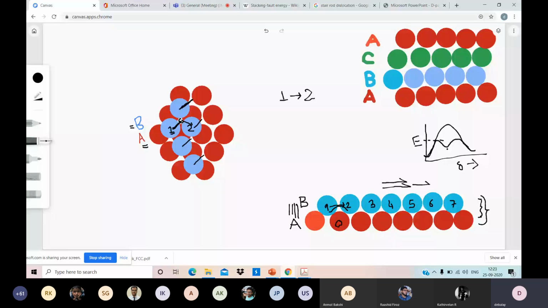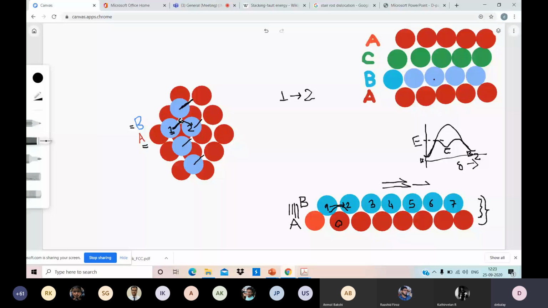This is your B1 group to C group, coming back to B2 group. But the energy level at the C group is higher, because if a B layer atom moves to C, what will happen? Stacking fault.